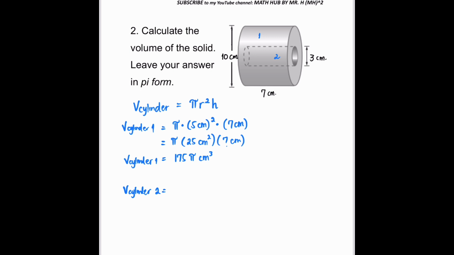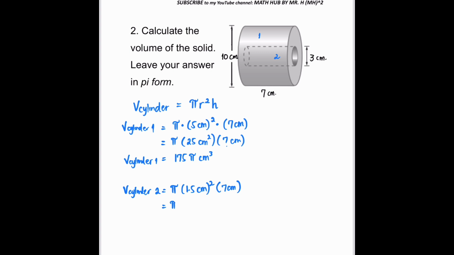So we've got pi radius squared times the height. So volume of cylinder 2, we've got pi and the radius. So again, the diameter is 3 centimeters and the radius is half of it. So that means it's 1.5 centimeter times 7 centimeter for the height. All right, then we simplify.